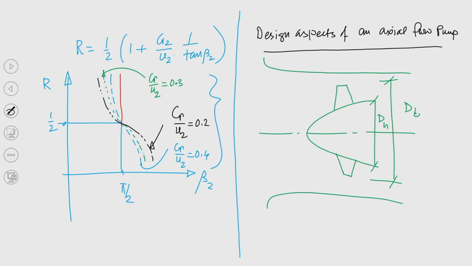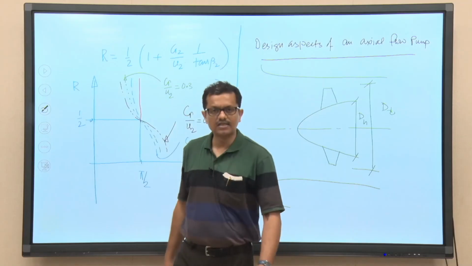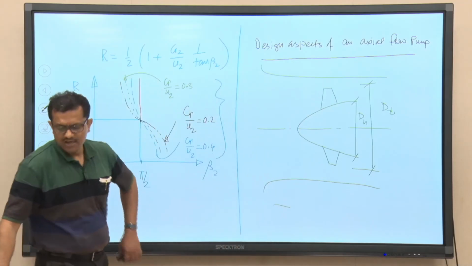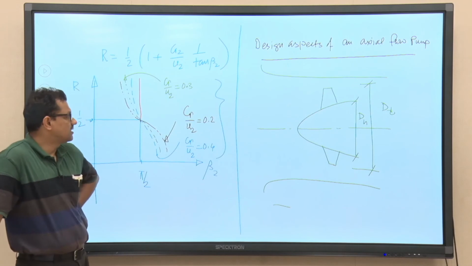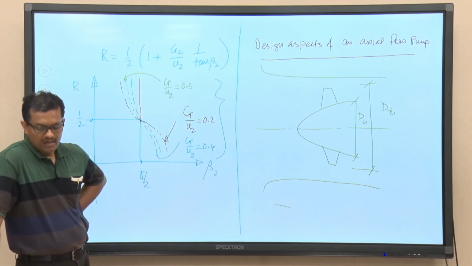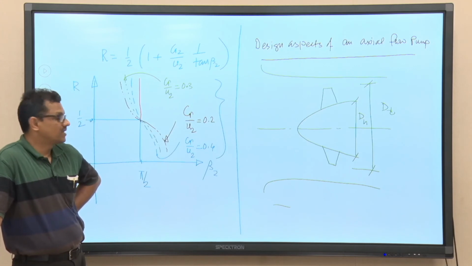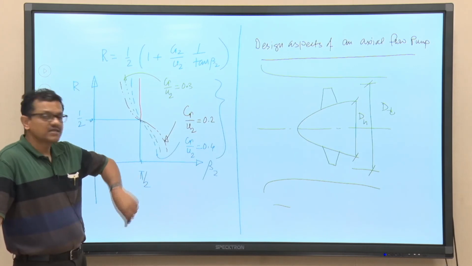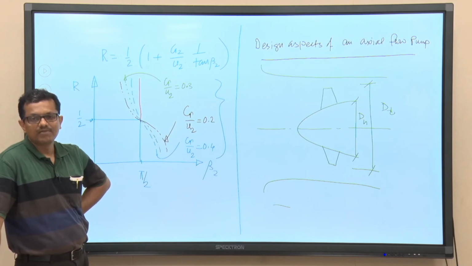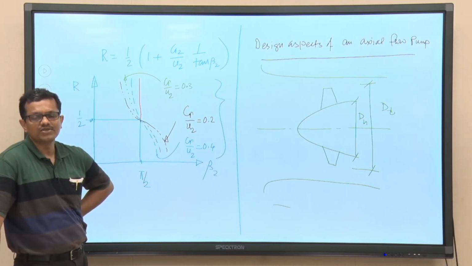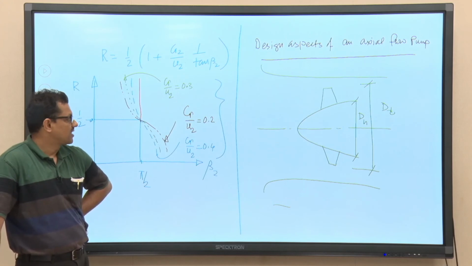So, these are the things we have discussed in the beginning of this course, hub diameter, tip diameter. What is important today is to know the velocity triangles. From the previous exercise or discussion we have seen that by tuning the design parameter we can control the degree of reaction, which in turn will give information on the total pressure that will be developed by the pump.